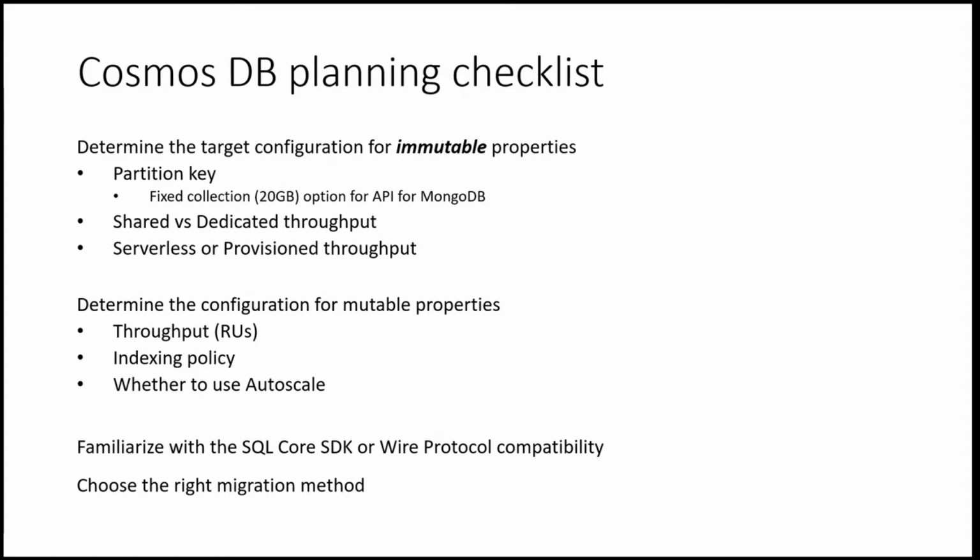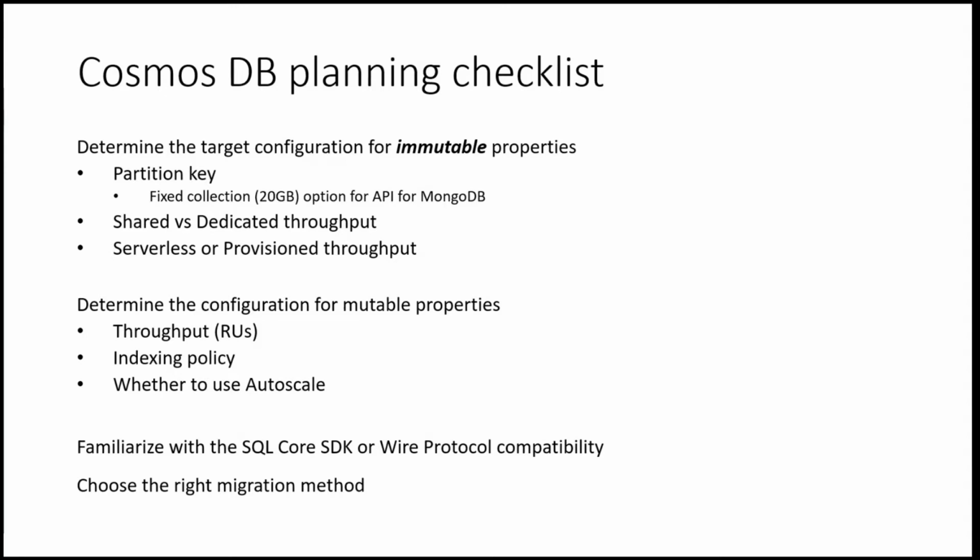Then we have some mutable properties. These can be tweaked and optimized later, so these are not immutable, so slightly less priority or slightly less risky because you can change them later, but important nevertheless, because these will decide the cost and performance, and may also help with the performance management of your workload.